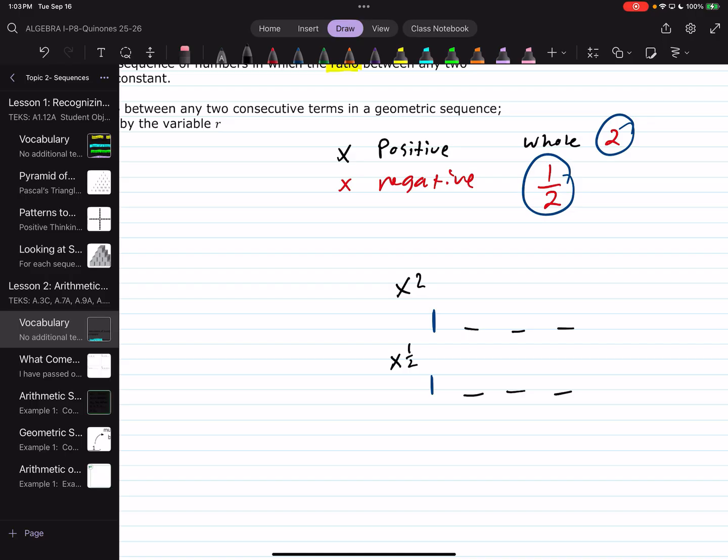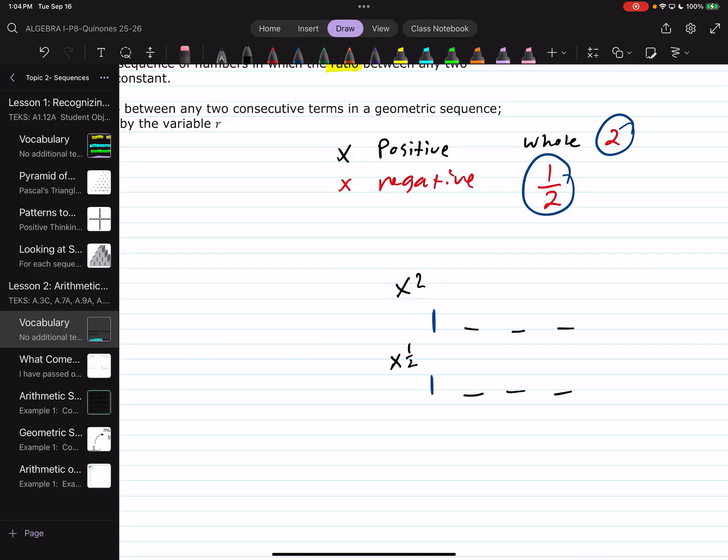What happens? What are the next 3 terms? Keep it in a fraction, everybody.